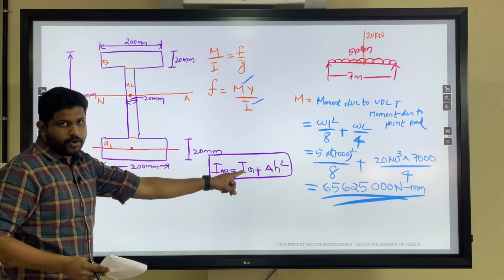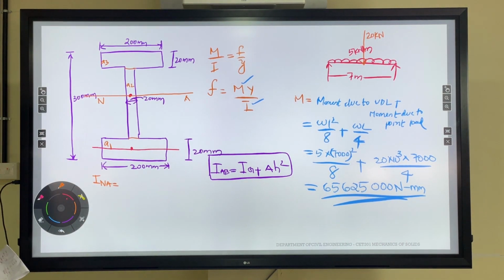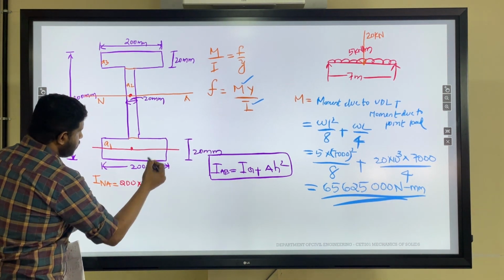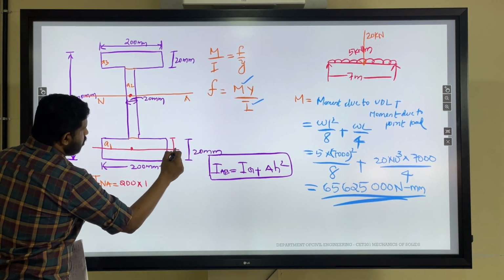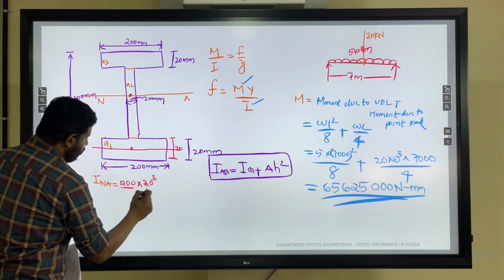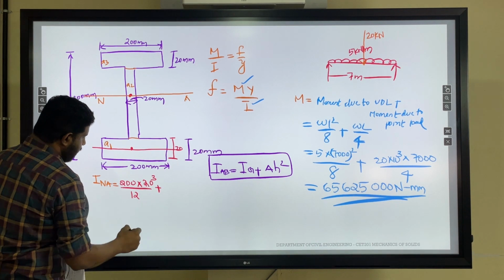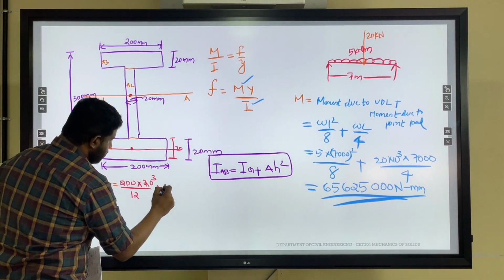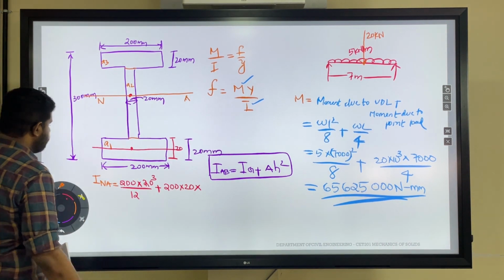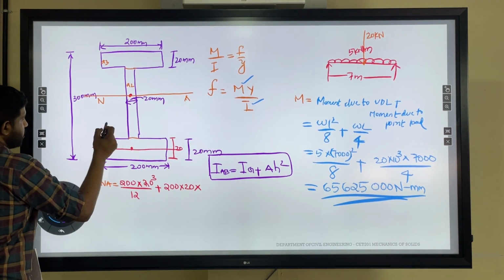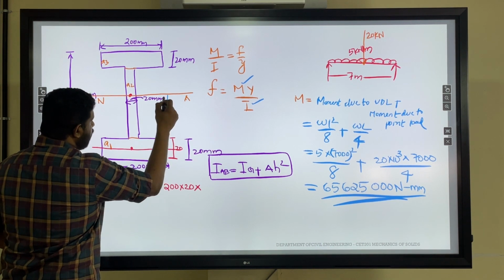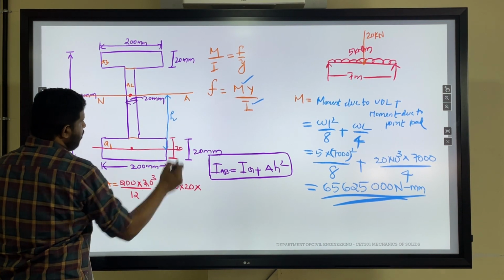For that, first we calculate about the centroidal axis, I_G, that is 200 into 20 cubed by 12, plus the area of the section, that is 200 into 20 into h squared. h will be the perpendicular distance between these two axes, the neutral axis and the individual centroidal axis. This will be our h.